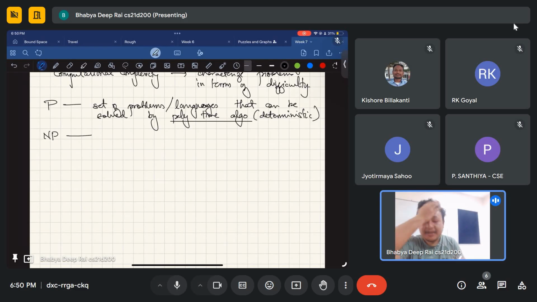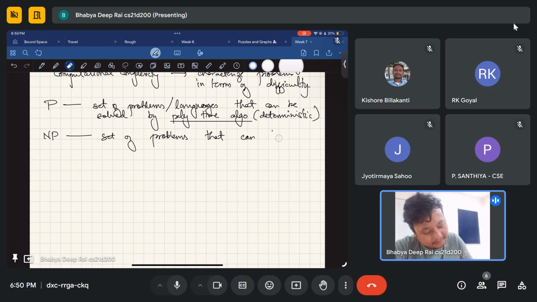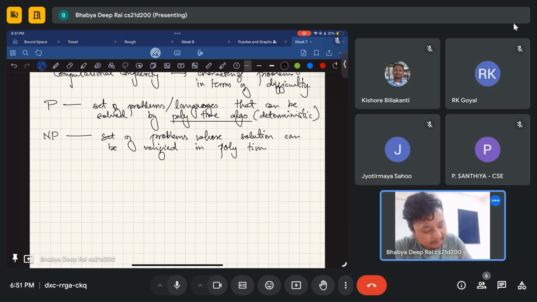Now, here I have another class, which is called NP. These are, again, a set of problems or equivalently languages, whose solution can be verified in polynomial time, deterministic.